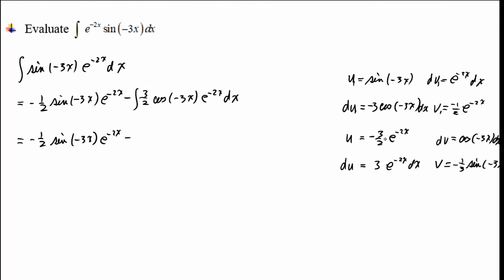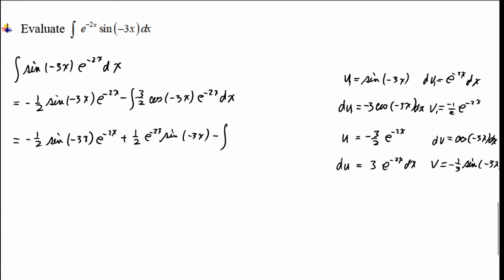So minus these two. So the 3's cancel. Isn't that nice? And we have a positive, and we have 1/2. And then we have e to the negative 2x sine negative 3x. So far so good. And yes, Matthew, I'm pretty sure it's actually a negative. Or was this? Yes, it is. Because there's a minus sign from this, this is just the uv part.